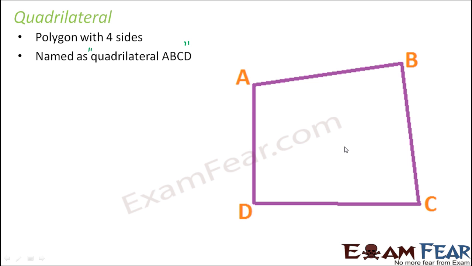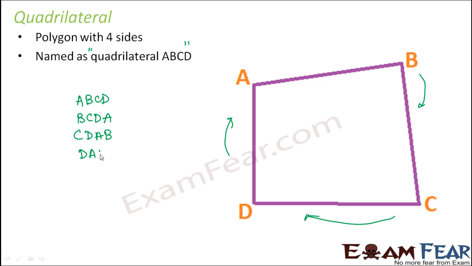So on the screen we are shown this quadrilateral ABCD. What are the various ways in which we can name it? We can call it ABCD. We can also call it BCDA, that means B, then C, then D, and then A. We can also call it CDAB.